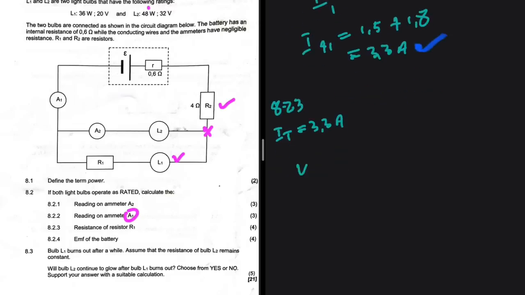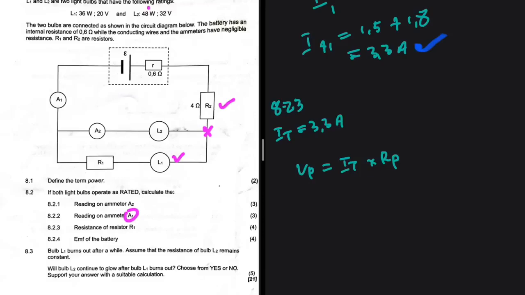We know fully well that VP is equal to IT multiplied by RP, right? So do we have VP? Because if we have VP, we can easily then calculate the resistance of R1. Okay, so let's take a look and see if we can do that.